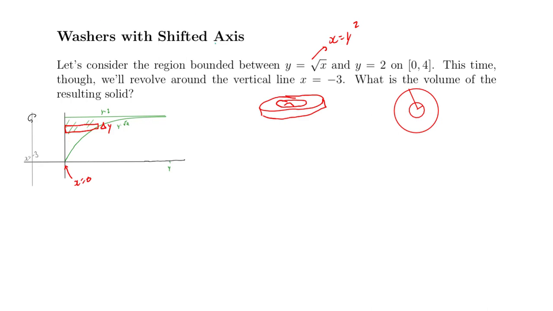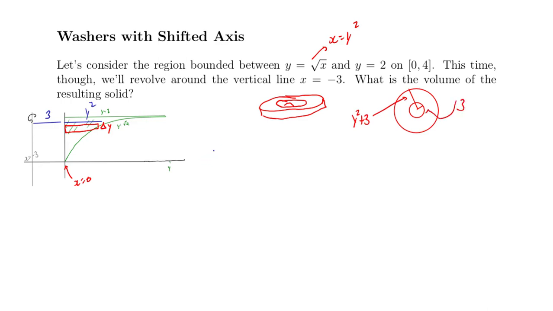Maybe I'll do this in blue. This distance is y squared, but what we want is this whole distance. So what we need to do is take this y squared, oh my gosh, I keep forgetting to take off my straight edge, and add a distance of 3 units. And similarly, our inner radius isn't 0, it's actually 3. So this is y squared plus 3, and this is 3.